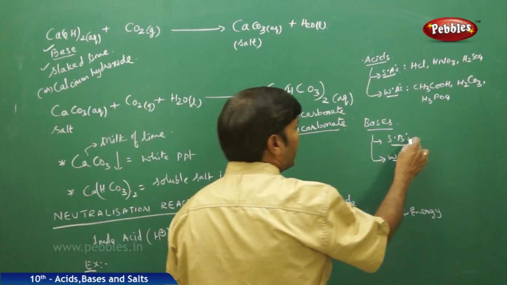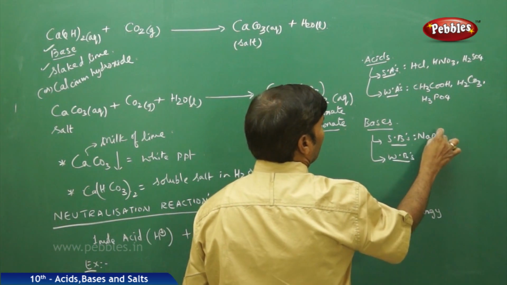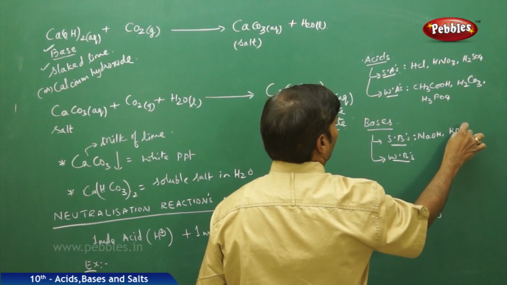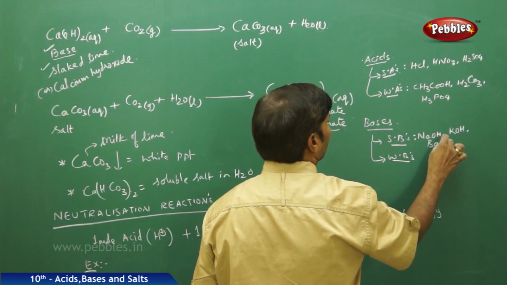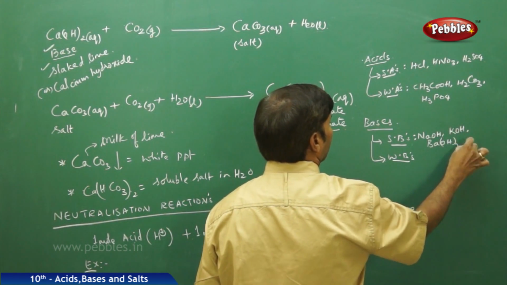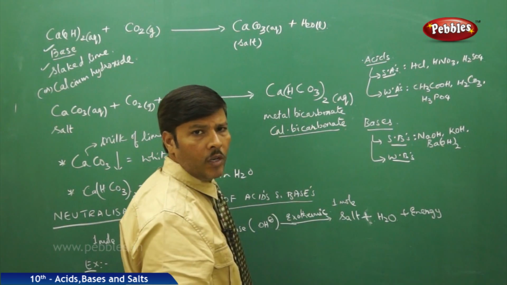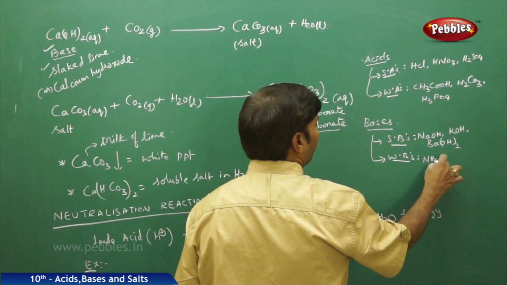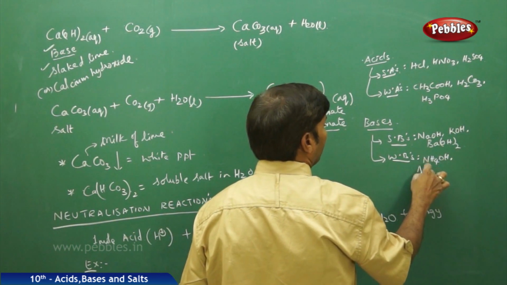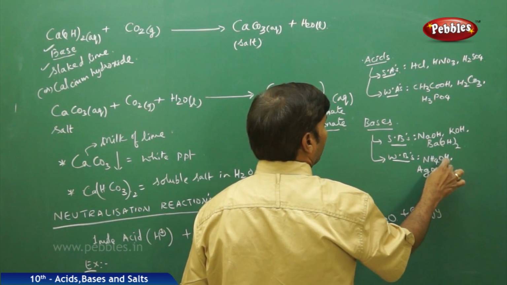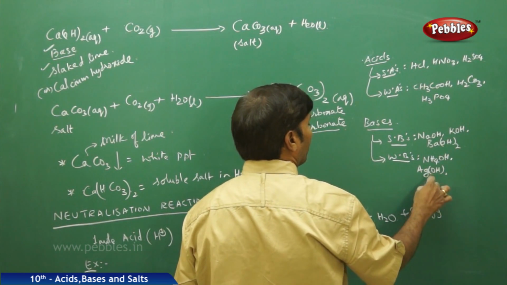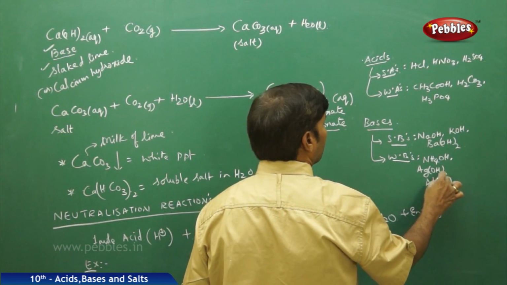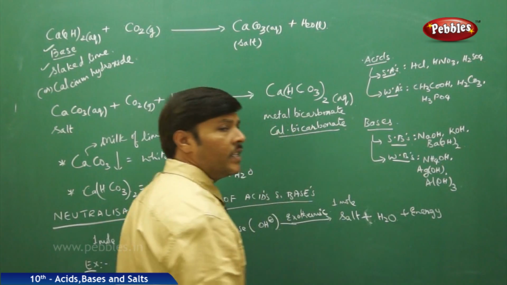If you go for strong bases, that is NaOH, KOH, barium hydroxide, all these are examples of strong bases. What are weak bases? Weak bases are ammonium hydroxide, silver hydroxide, aluminum hydroxide, all these are examples of weak bases.